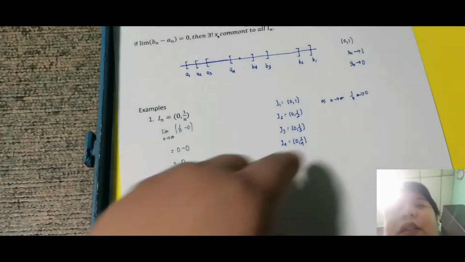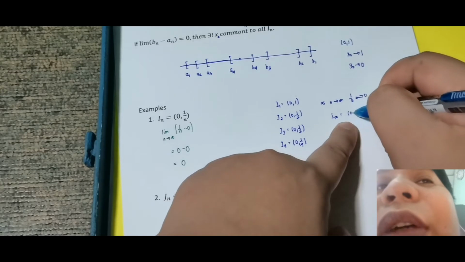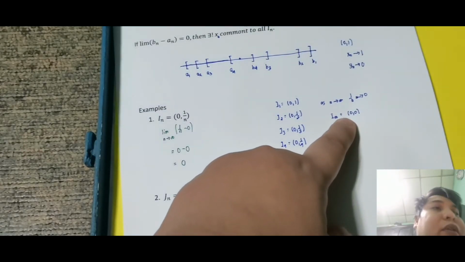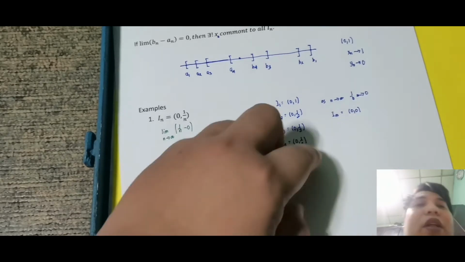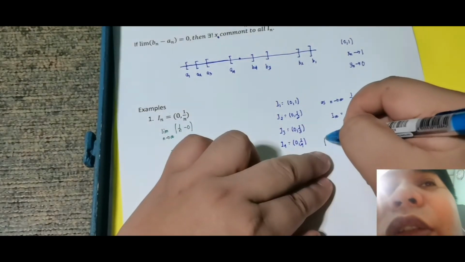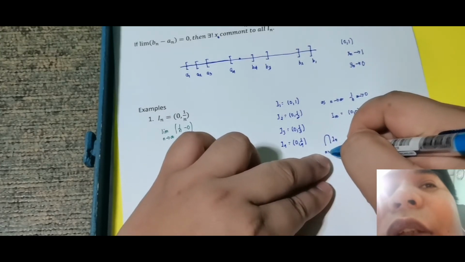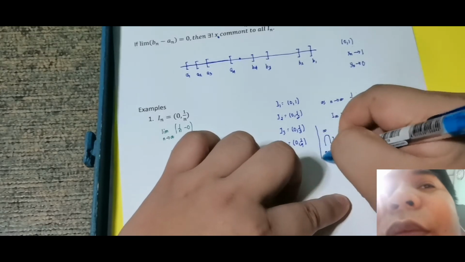Note, hindi equal sa 0, approaches sa 0. So anong nangyari sa I sub infinity? Parang (0, 0), pero hindi ko pwede sabihin na 0 itself yan, kasi yung open interval ng 0 hindi pasok sa 0, at sa kabila hindi rin pasok sa 0. Therefore, yung generalized intersection ng I sub n, for n is equal to 1 up to infinity, is just empty.